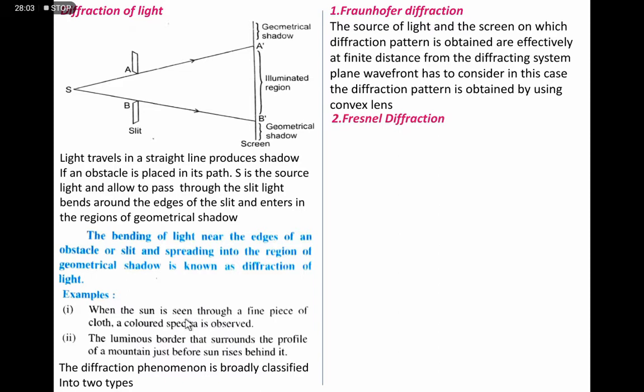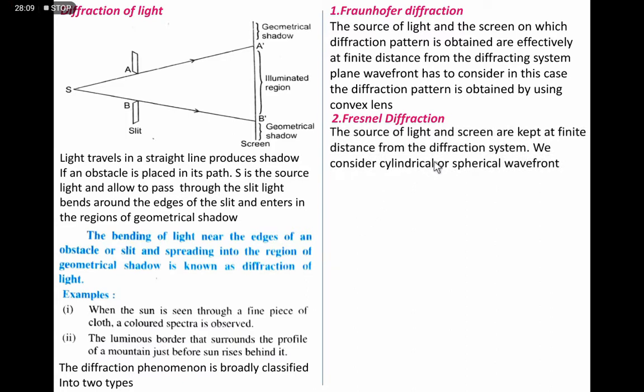Another diffraction type is Fresnel's diffraction, where the source and screen are kept at a finite distance. Here it is infinite distance, and this should be finite distance. A lens is not required to obtain the diffraction pattern, and cylindrical and spherical wavefronts are considered in this type of diffraction.